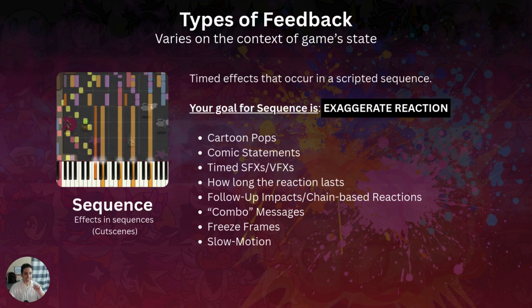Sequence is going to be the property that focuses on the timing of the reaction itself. This is typically used to really exaggerate your reaction. For example, if you take a large piece of damage, let's say you got stabbed by a javelin, your game probably does a freeze frame for a second to say, oh, you really took a lot of damage.